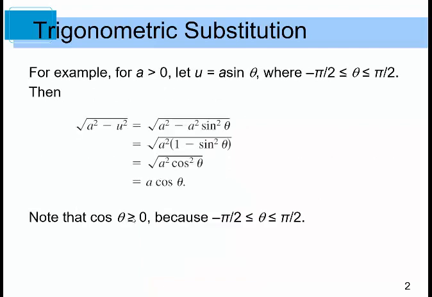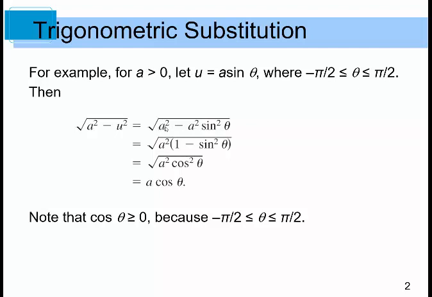Let me show you what I mean by that. If a is greater than 0 and we let u equal a sine of theta, where sine is positive, then u squared becomes a squared sine squared of theta.